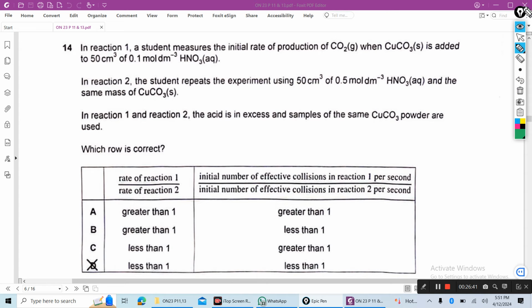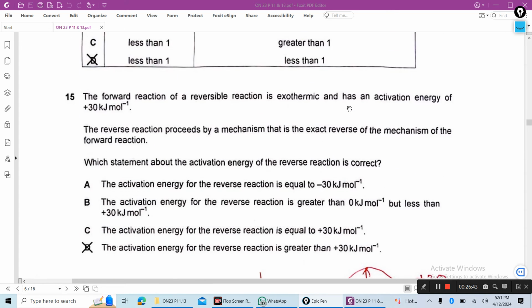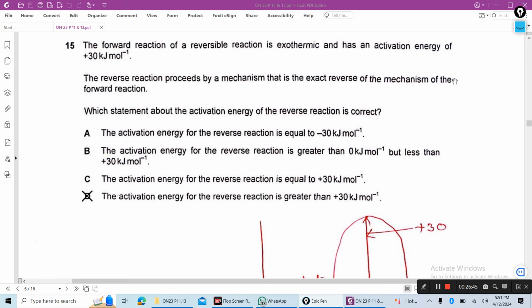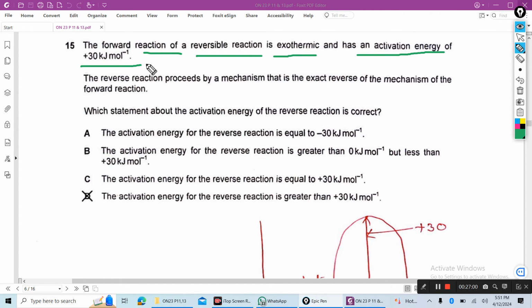Then 15. The forward reaction of a reversible reaction is exothermic and has an activation energy of plus 30 kilojoules per mole.